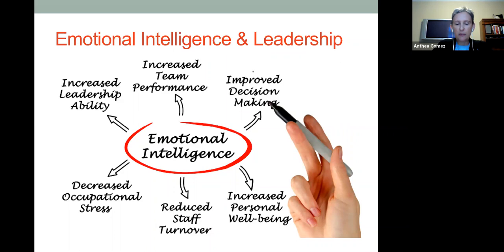If my decision-making is as a result of me having low emotional intelligence in problem solving and low impulse control, my decision-making is not going to be of a high quality.